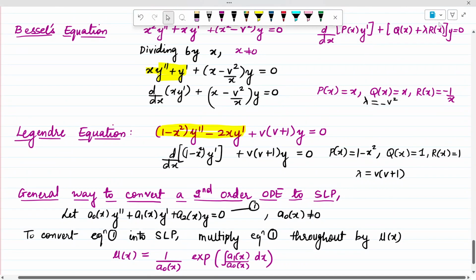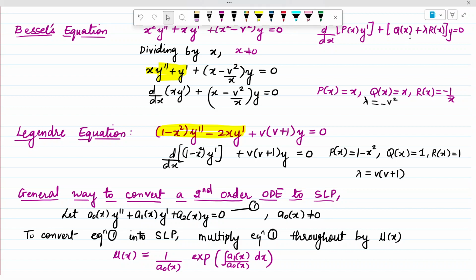So q of x should be 0, right? Yes, correct. q of x would be 0. You're correct. That's a correction. So q of x is 0 and r of x is 1.